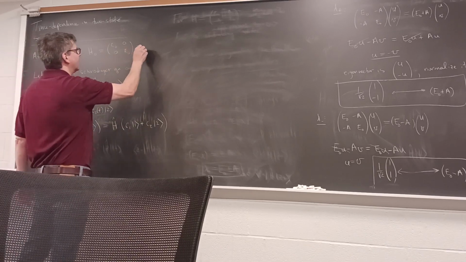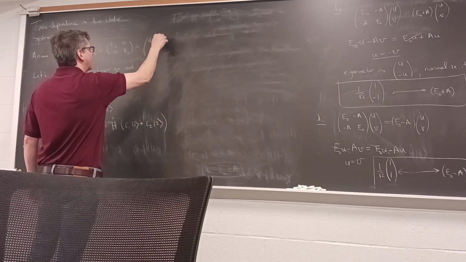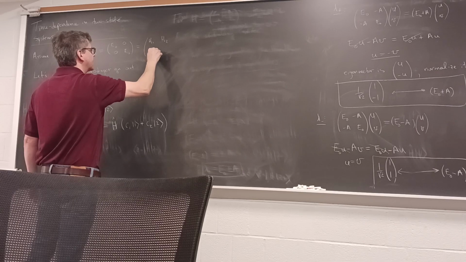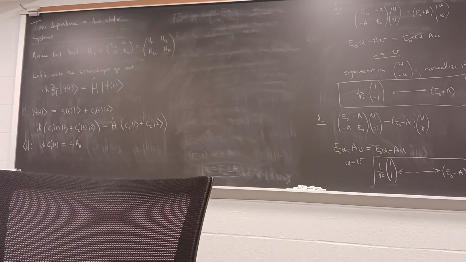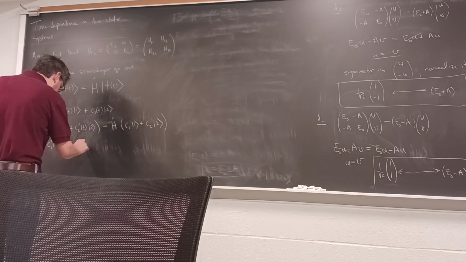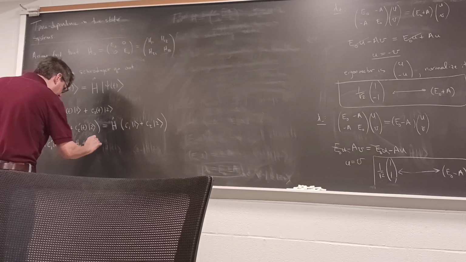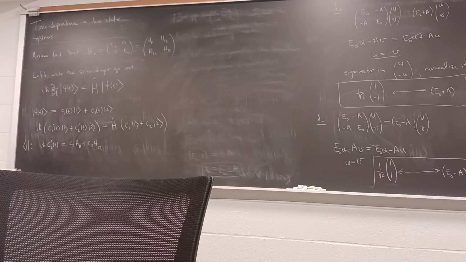And this matrix, after all, is just H11, H12, H21, H22. So that's C1 H11 plus C2 H12. So I'll have that equation.